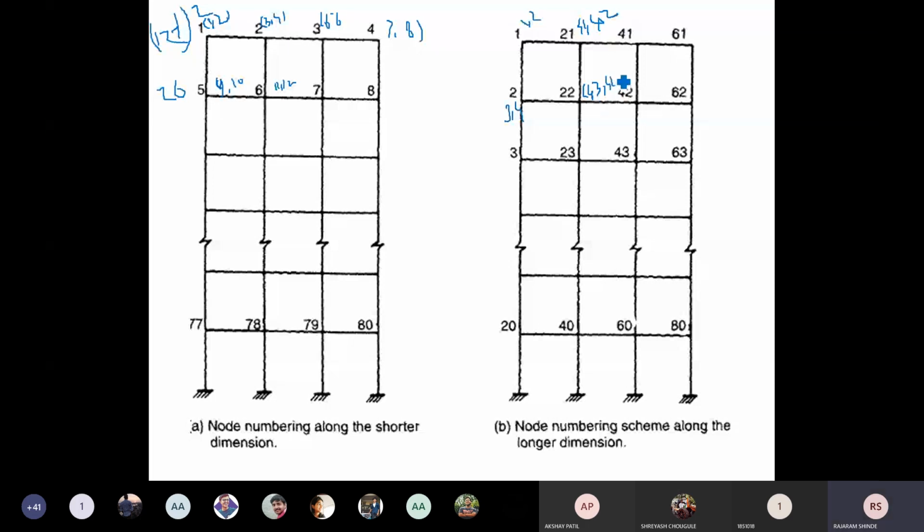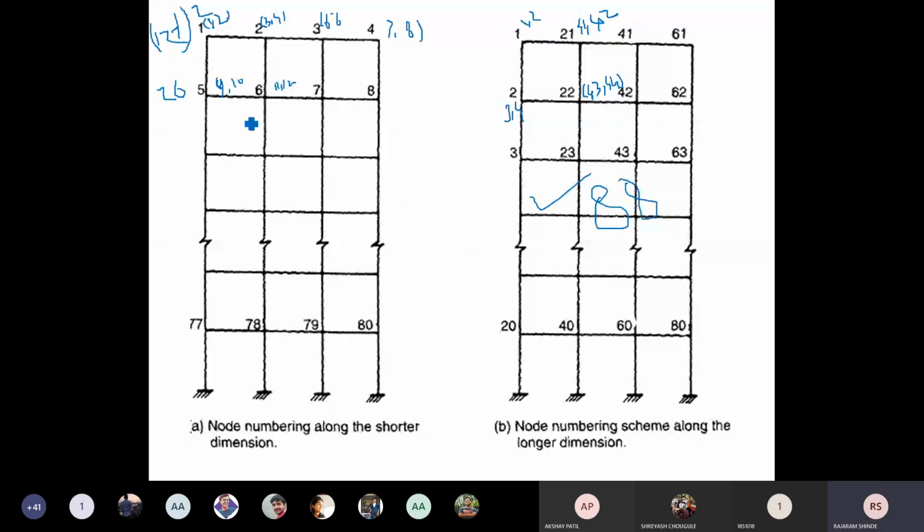Here the first degree of freedom, second, third, fourth, and the 41st, 42nd, 43rd, 44th degrees of freedom. Here the maximum difference is 44 minus 1, which is 43, plus 1, it is 44, and 44 into 2 degrees of freedom is 88. So the bandwidth for this stiffness matrix is 88.